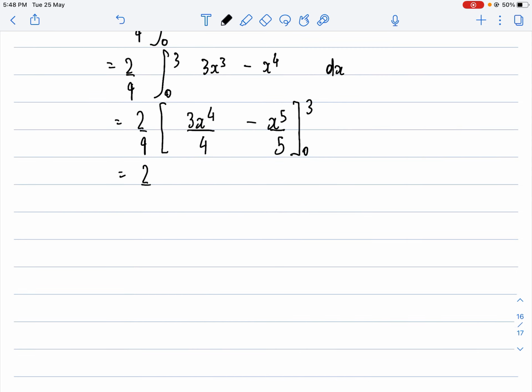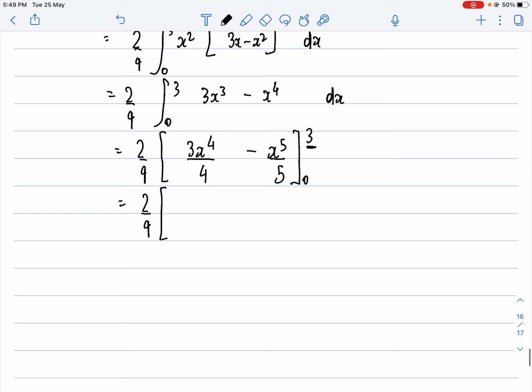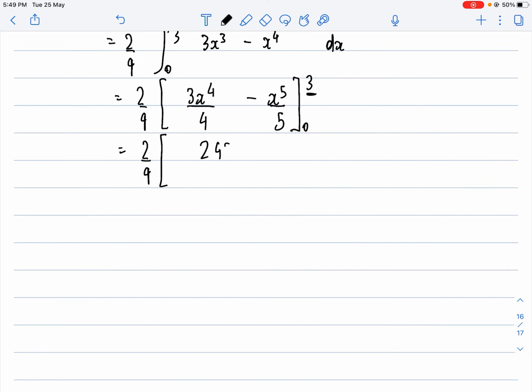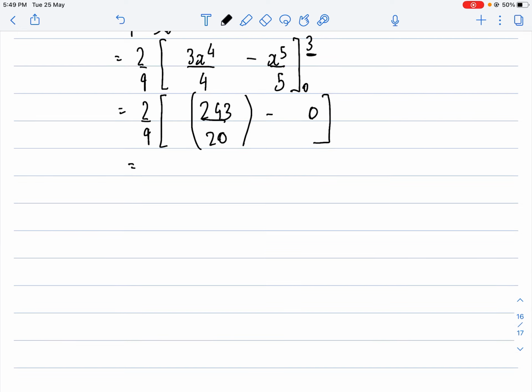First I'll put 3 in the place of x. When I solve this on my calci, I get my answer as 243 over 20 minus, and when I put 0, I get 0. So now I can do 2 over 9 multiplied by 243 over 20, so I'll get my answer as 2.7.